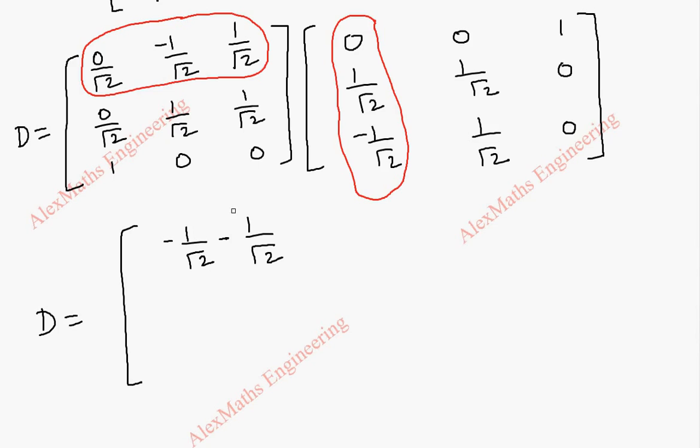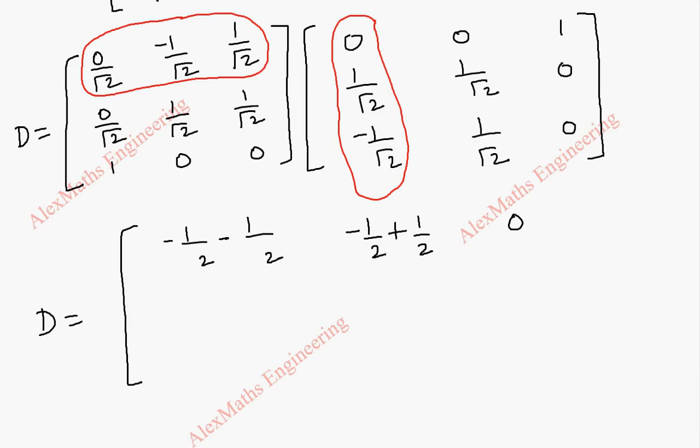Sorry, the denominator will become just 2, since root 2 into root 2 is 2. So minus 1 by 2 and minus 1 by 2. Then multiplying with the next column, we get 0, then minus 1 by 2, then again plus 1 by 2. Then with the last one, which is 0.